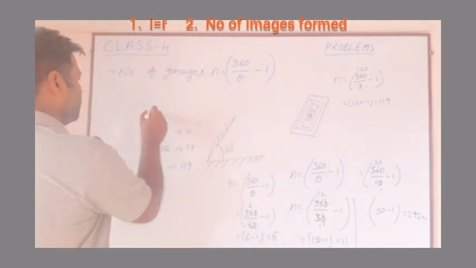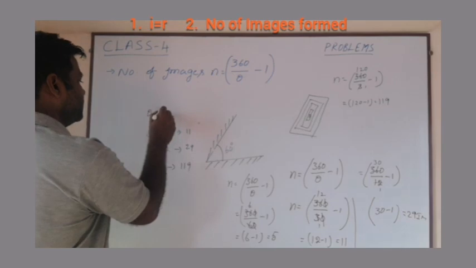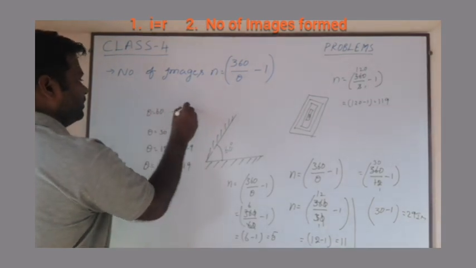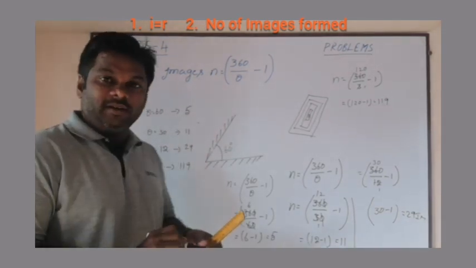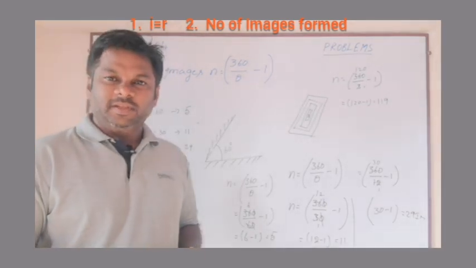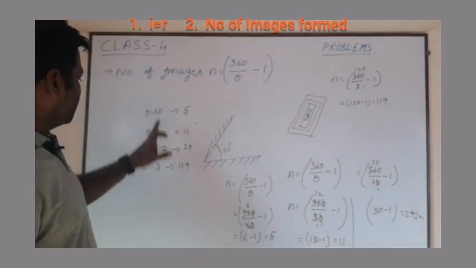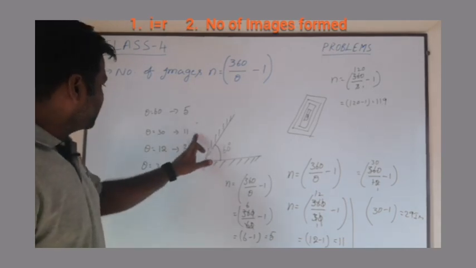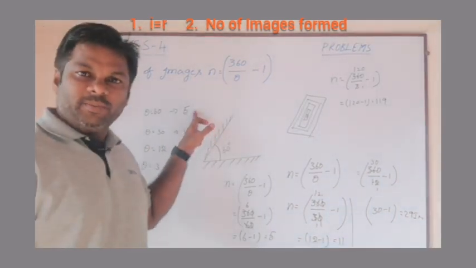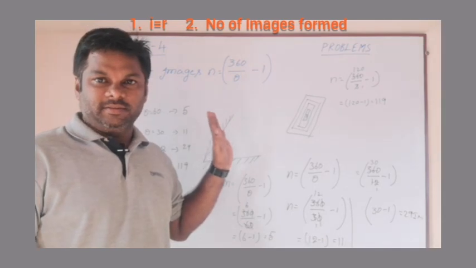How many images did you get? When theta is equal to 60 degrees, the number of images is 5. Yes, when you are increasing the angle between two mirrors, the number of images is decreasing.